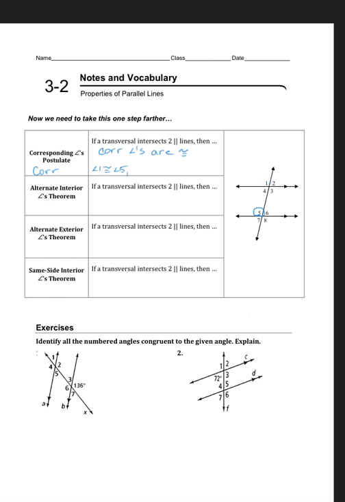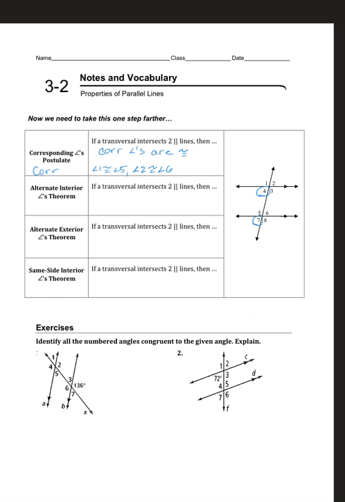All right, so now we're going to look at angle 2. So angle 2 is in the upper right-hand corner. So I look at the other intersection. Angle 6 is also in the upper right-hand corner. So angle 2 is congruent to angle 6. All right, so let's look at angle 4. Angle 4 is in the lower left, so I look at the other intersection.